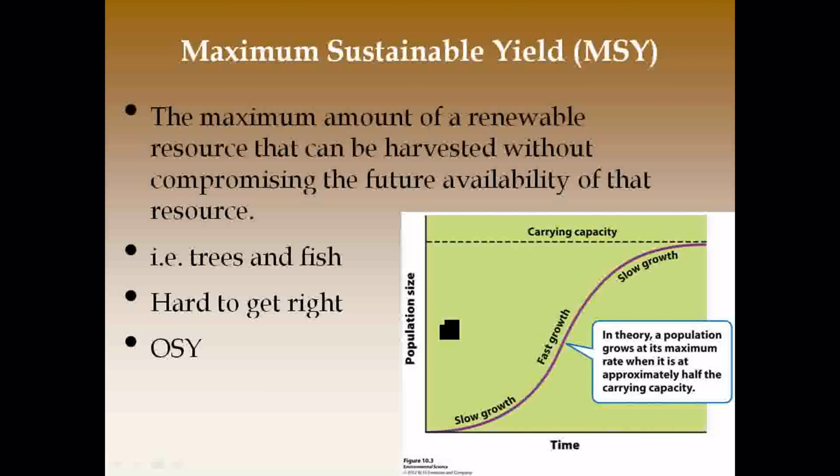We usually talk about MSY in terms of trees and in terms of fish, you know, fishing, for instance, in a river or a lake or even the ocean. These fisheries have an MSY, a maximum sustainable yield. The maximum number of organisms or any resource that can be harvested without compromising the future availability.